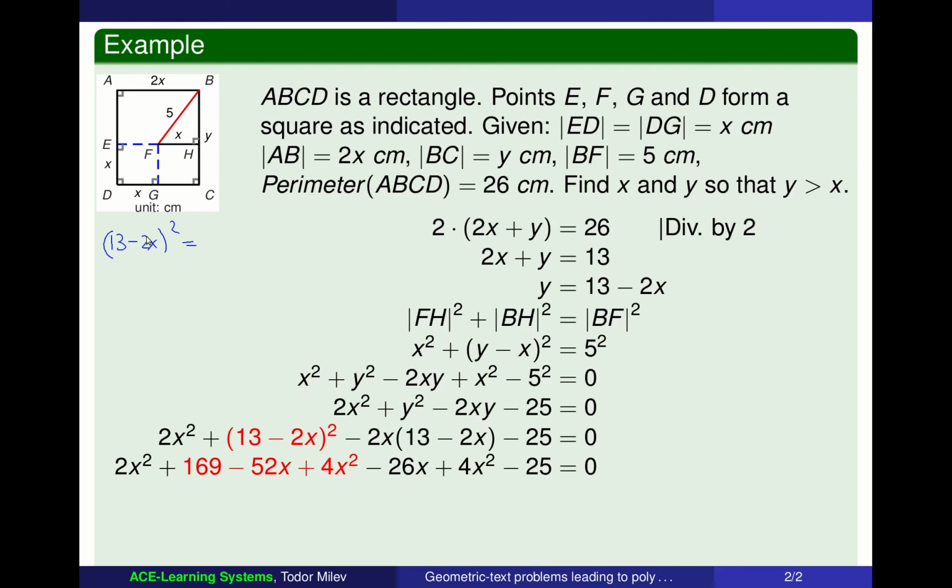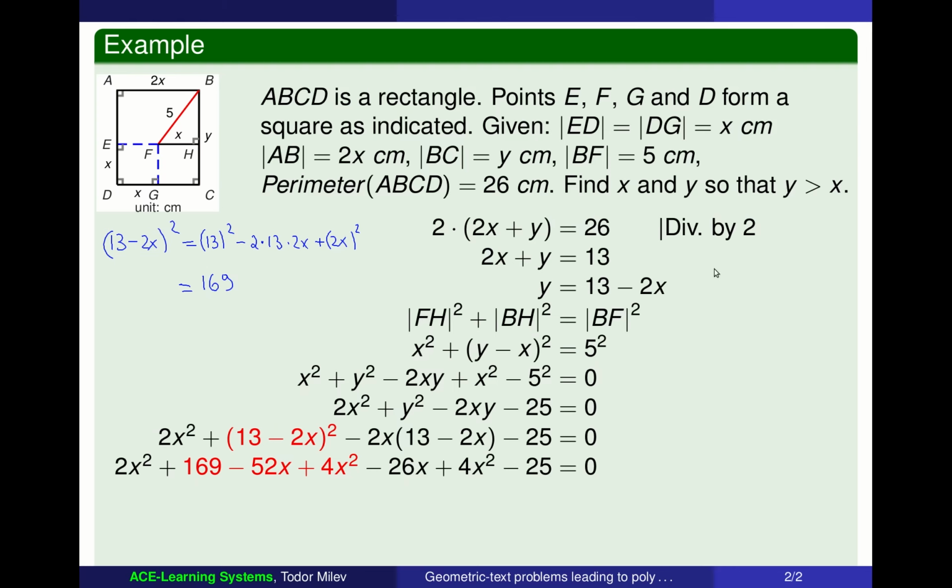13 minus 2x squared is certainly equal to 13 squared minus 2 times 13 times 2x plus 2x squared, which equals, what's 13 squared equal to? 169. Of course, we expect it to be 169, but I personally have 13 squared memorized. Once again, it's a very good idea to memorize the small squares for the purpose of solving problems fast.